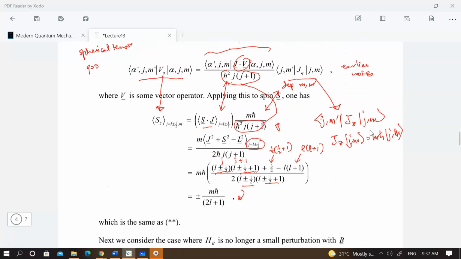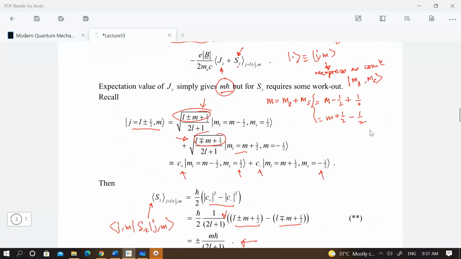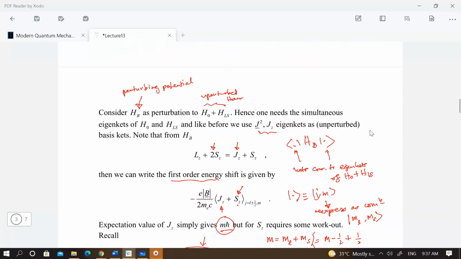So what we have done so far is to consider HB as a perturbation to that. In other words, the assumption here is that the contribution of your HB is small.